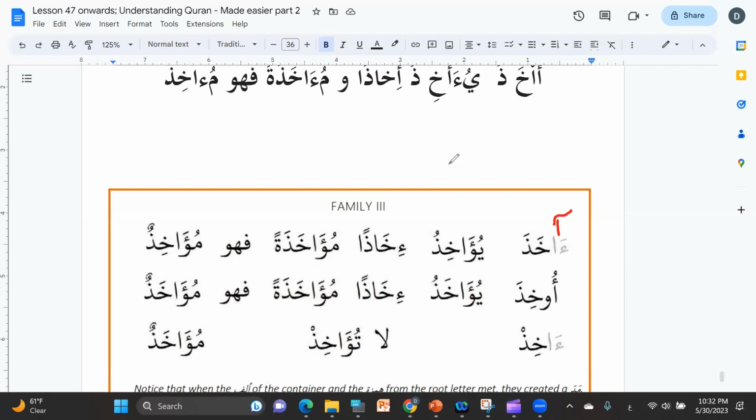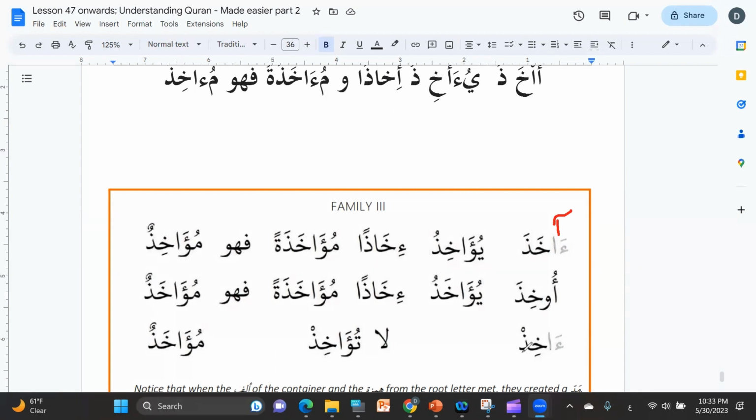Muwakhazun. But in ism maf'ul pattern we have fatha over here. Then the commanding fail. So commanding fail is jahid. Fa kalma is Hamza, alif from the pattern, and jahid.